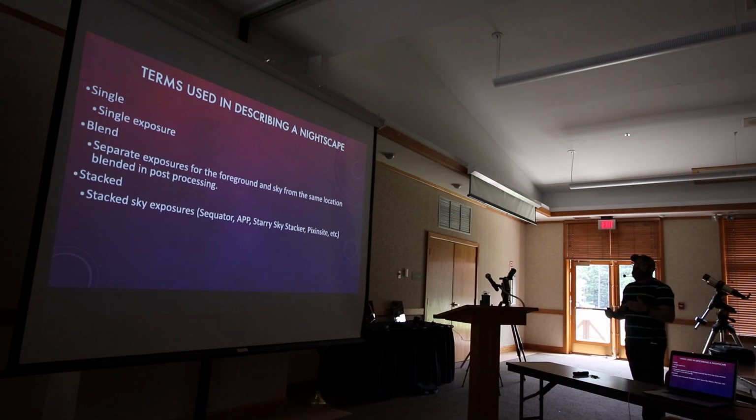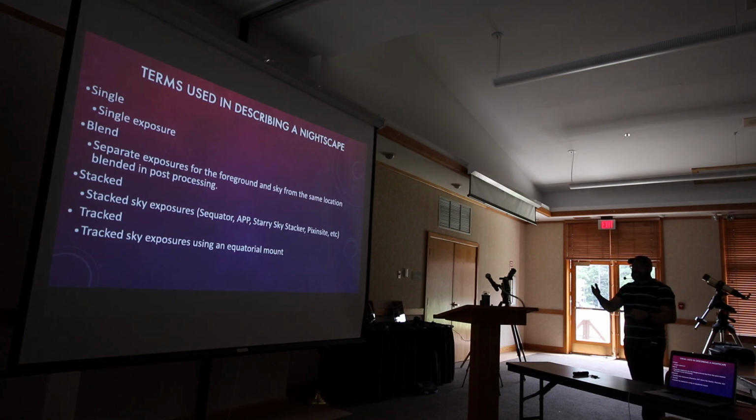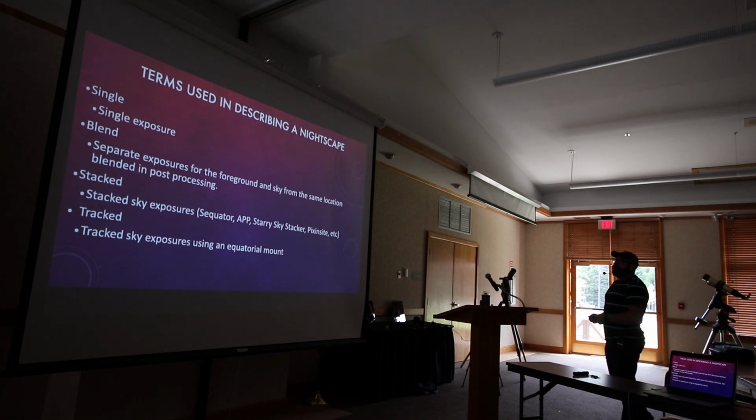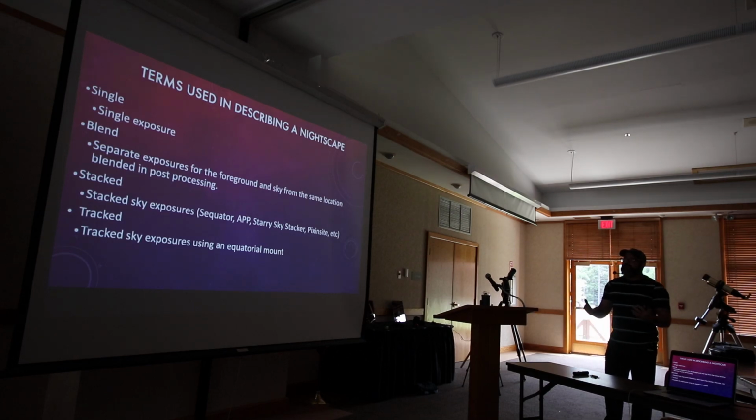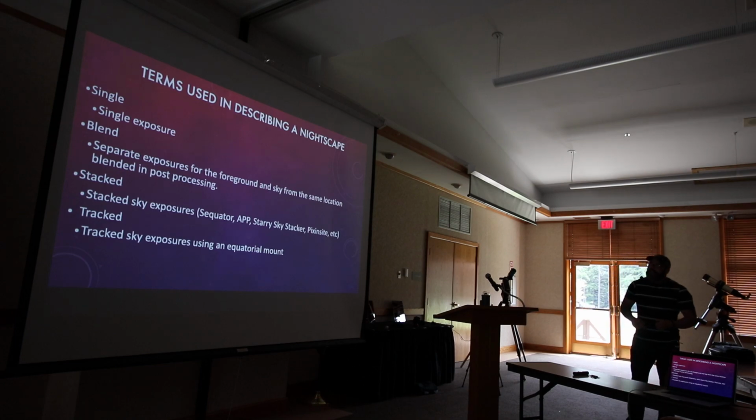You guys are familiar with that. Stacking of the sky exposures is no different in landscape astrophotography. And then tracked, this is just tracked using an equatorial mount. Now, a final image, most of mine are blended, stacked, and tracked, okay? And so an image might fall into more than one of those categories.